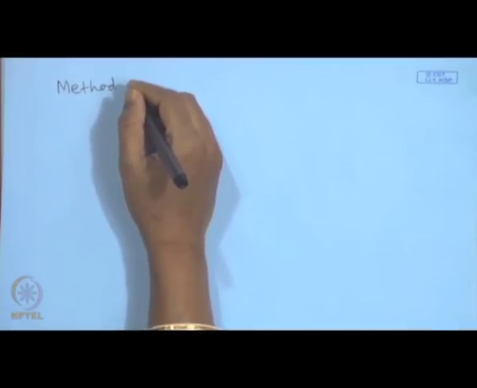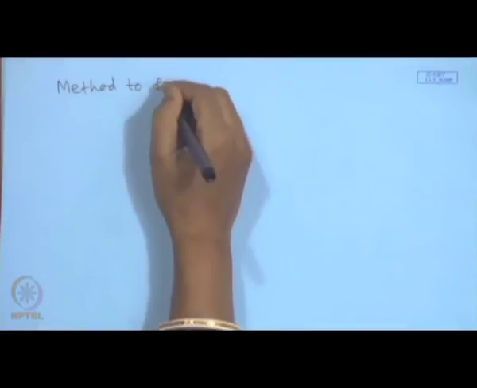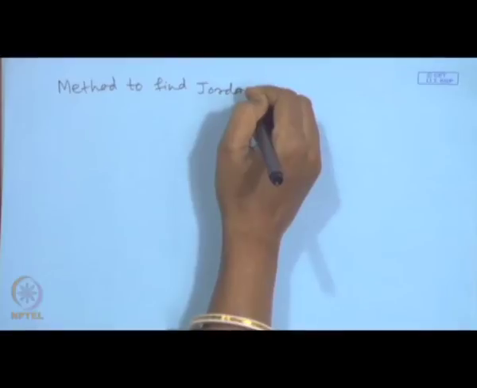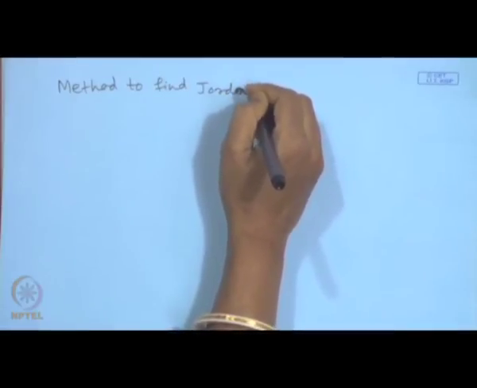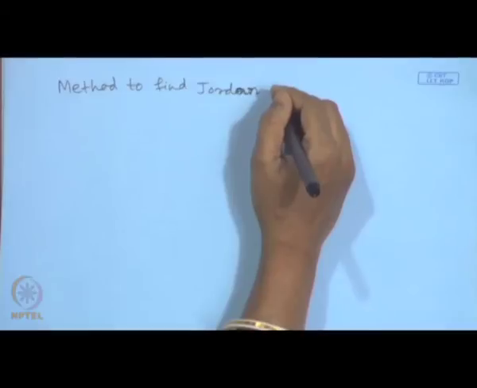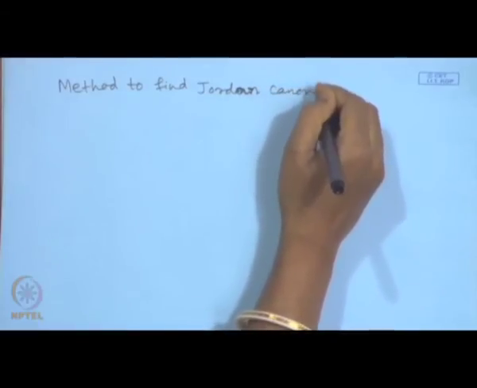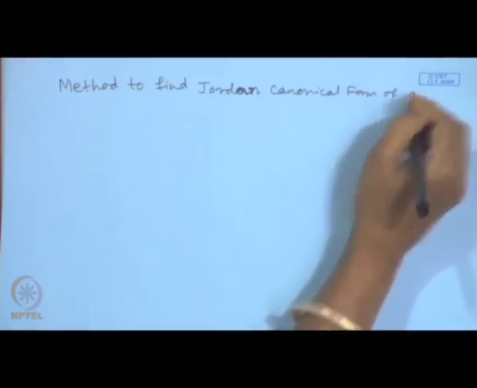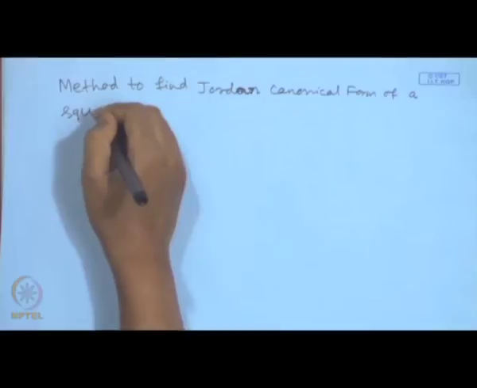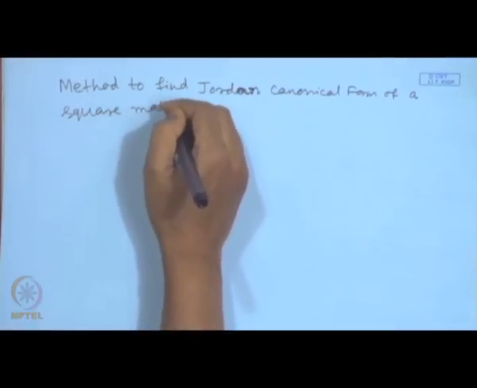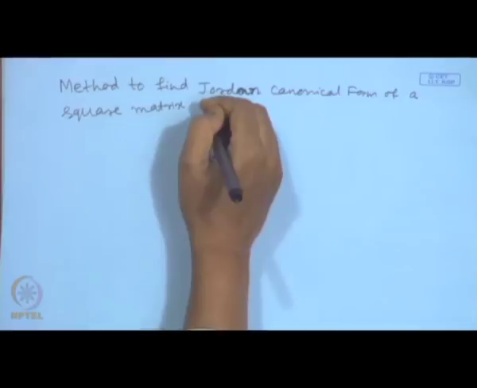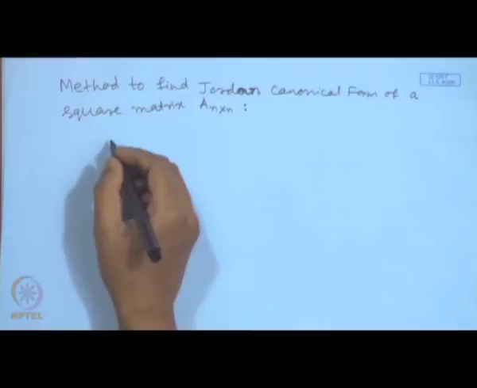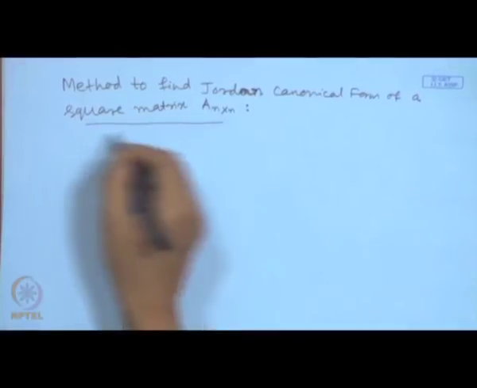The method is like this: the method to find the Jordan canonical form of a square matrix A of size n. The steps are like this.